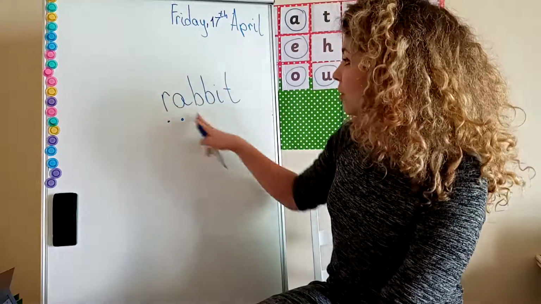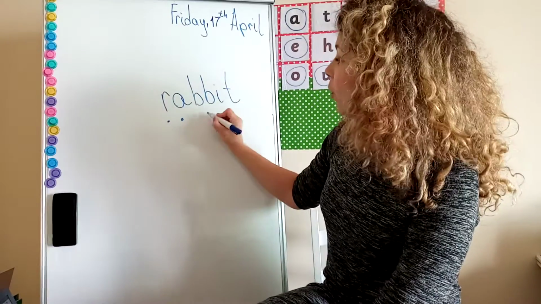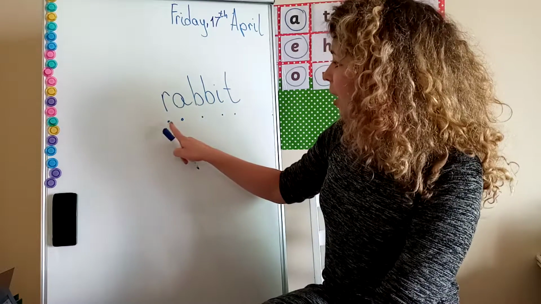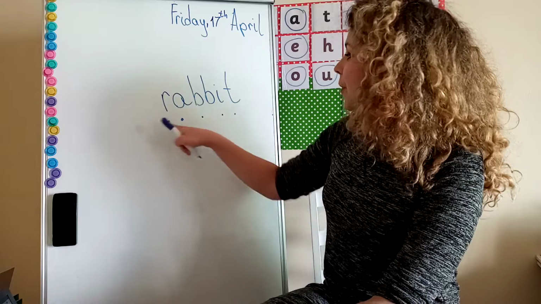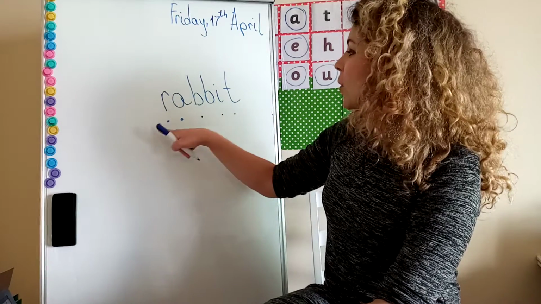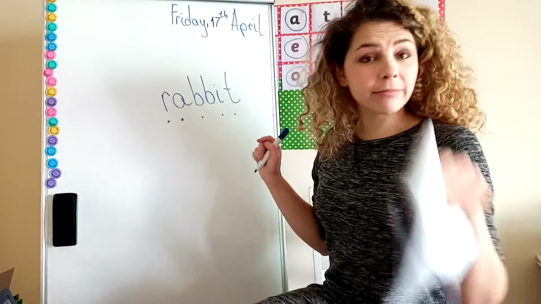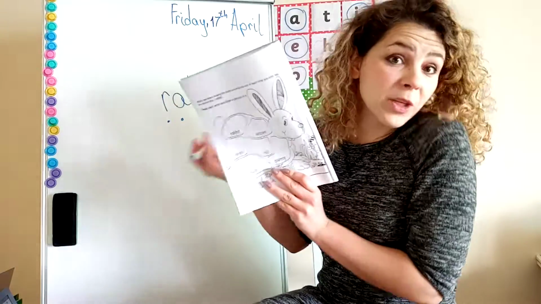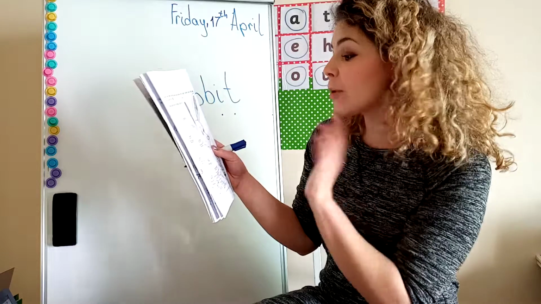So although you have two letters, you hear only one sound, B. Then we have I and T. R, A, B, I, T. Rabbit. Here is a rabbit. Can you draw a rabbit, or maybe just rabbit ears?